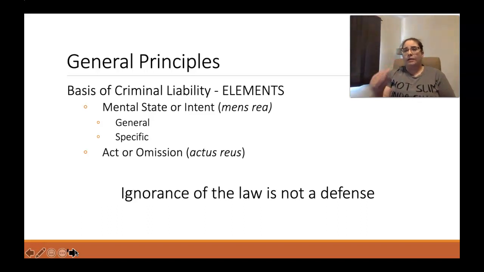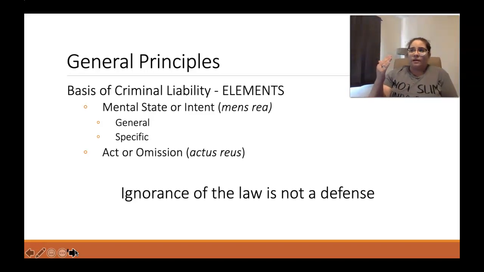I decide that I'm going to turn the wheel and hit that person with my car. It's called an assault with a deadly weapon. I don't actually hit that person, but by turning my wheel, I know and have the mental state that if I turn the wheel, I am likely to cause great bodily injury or death to the person that I'm trying to hit. I'm acting with general intent.